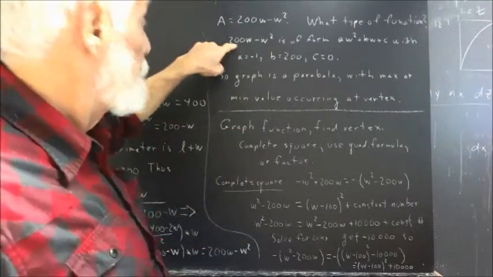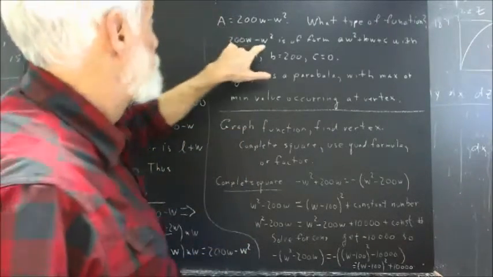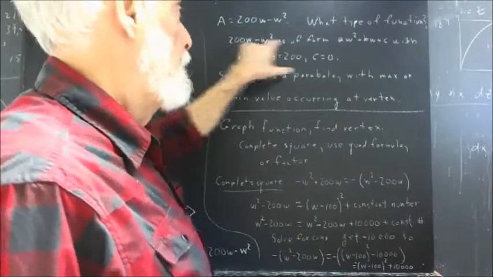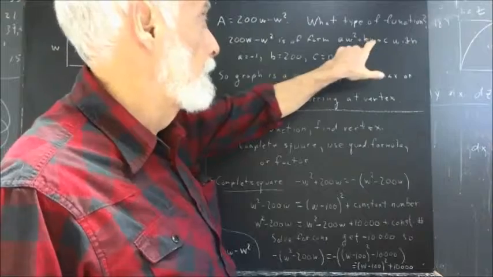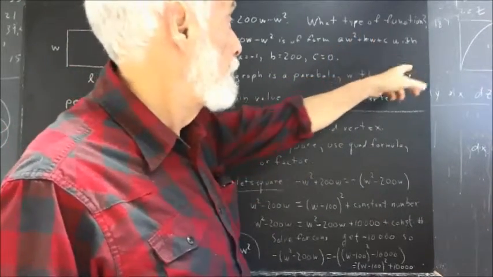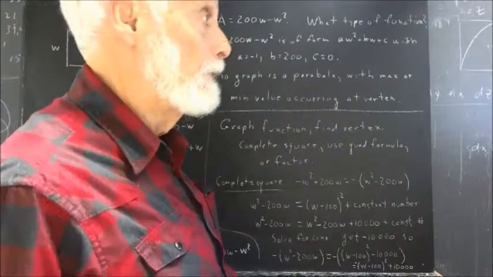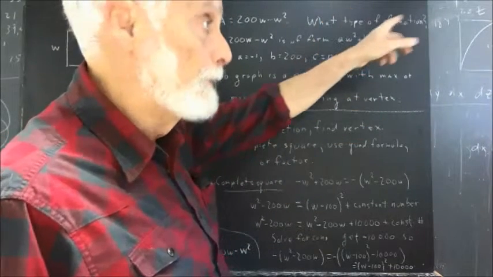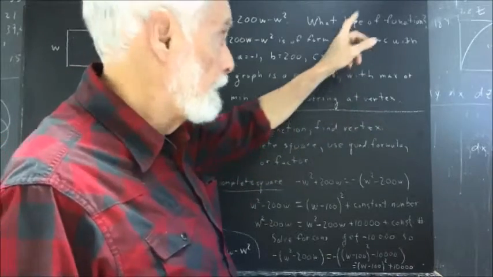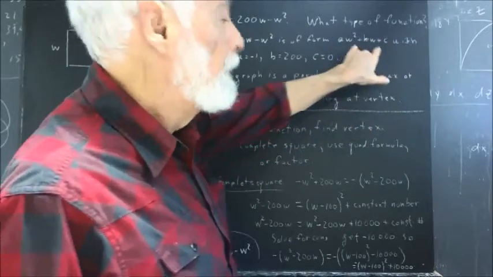Okay, so we have 200W minus W squared is quadratic because why? It's of the form AW squared plus BW plus C. That is the form of a quadratic when your variable is W. If it was x, of course, it would be AX squared plus BX plus C. And if it was a function of t, it'd be AT squared plus BT plus C. You get the idea.